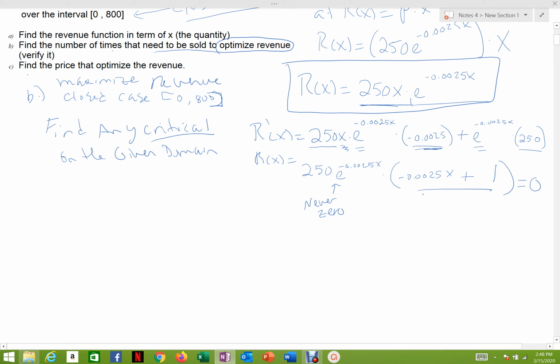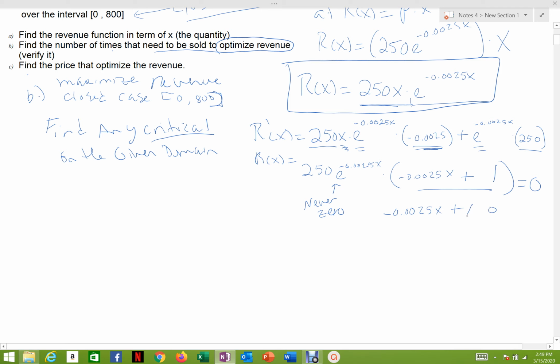And so when I solve, I'm just going to solve for the 0 in this polynomial. And so that negative 0.025x plus 1 is what we're going to solve. I'm going to kind of ignore e because I can't get a 0 out. And 250, same thing. 250 is 250. Can't get a 0 out of that. And so I'm just going to solve that second part. That's the part I'm going to set equal to 0.